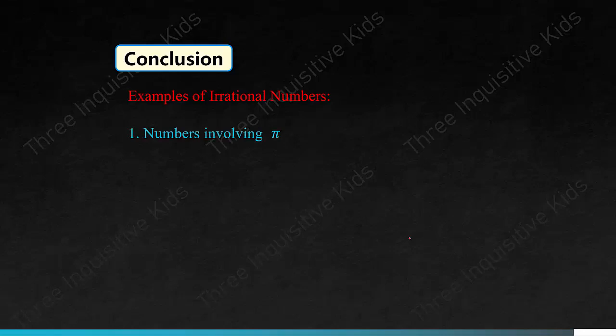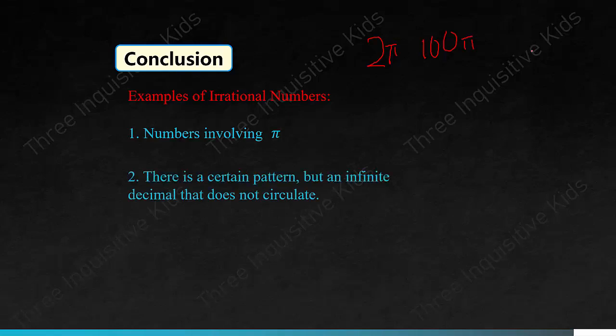So here are some examples of irrational numbers. 1. Numbers involving pi. So pi itself is an irrational number. And if you, for example, have 2 pi, it would still be an irrational number. And so is the same for 100 pi. That's still an irrational number. 2. There is a certain pattern, but an infinite decimal that does not circulate.